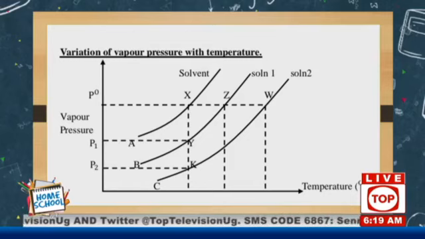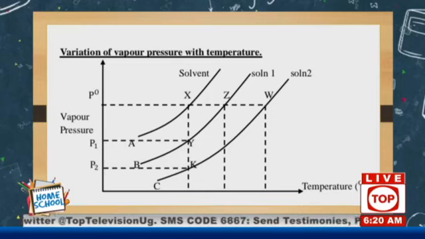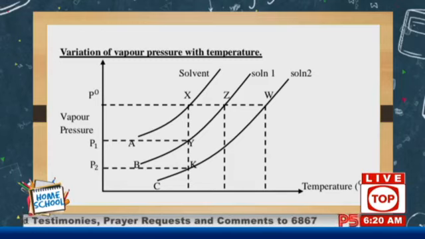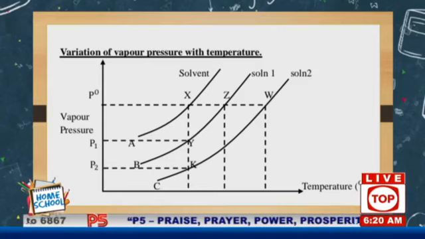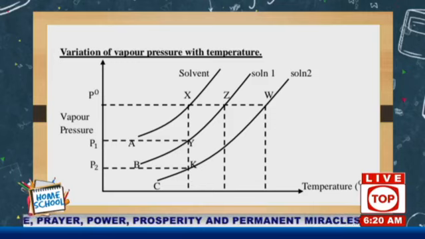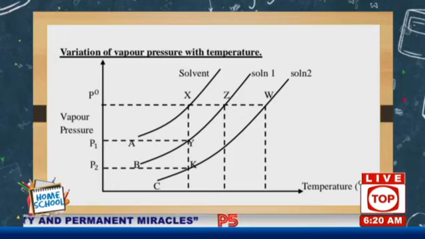Okay, so when you look at it very well, look at AX, that line shows the variation of the vapor pressure of the pure solvent with temperature. Then BZ shows the variation of vapor pressure of solution 1 with temperature. CW shows the variation of vapor pressure of solution 2 with temperature.